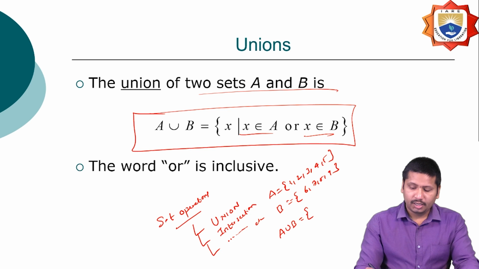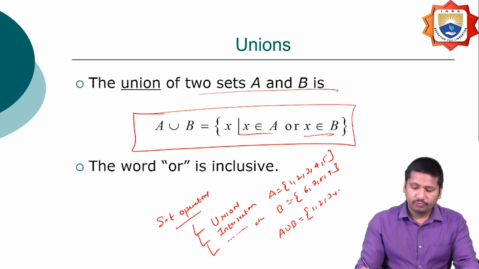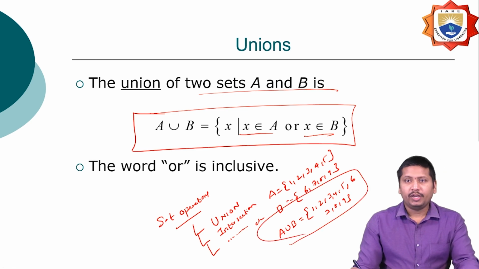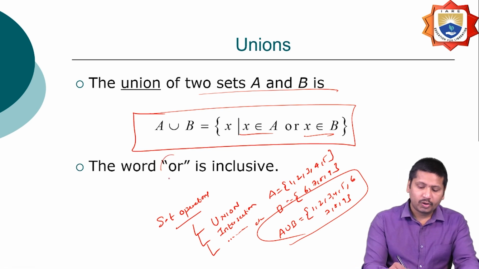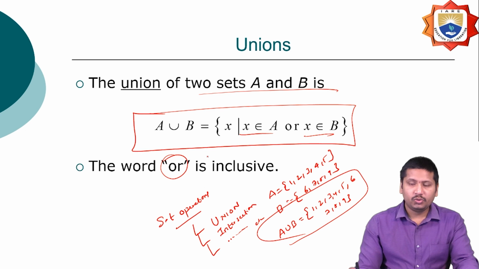X such that X belongs to A, that is 1, 2, 3, 4, 5, or X belongs to B also, 6, 7, 8, 9. So this is the A union B operation, the union of two sets. Here the "or" is an inclusive operator.